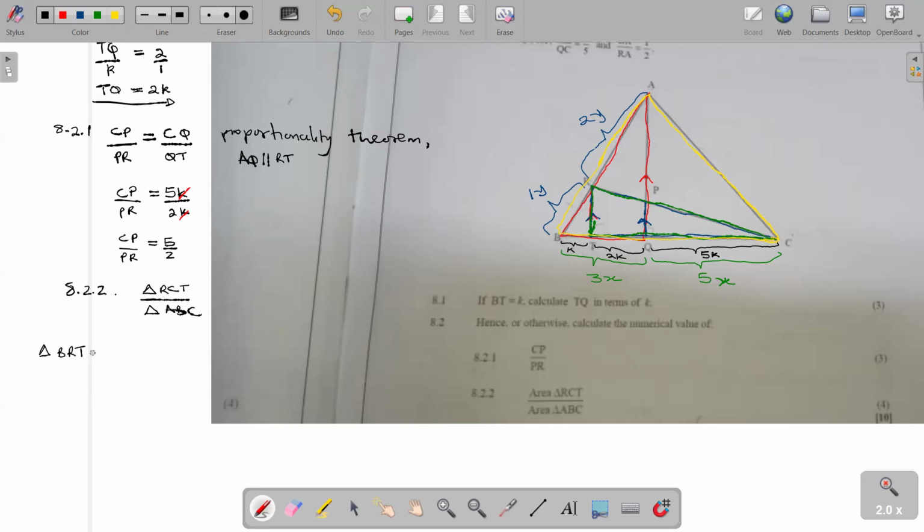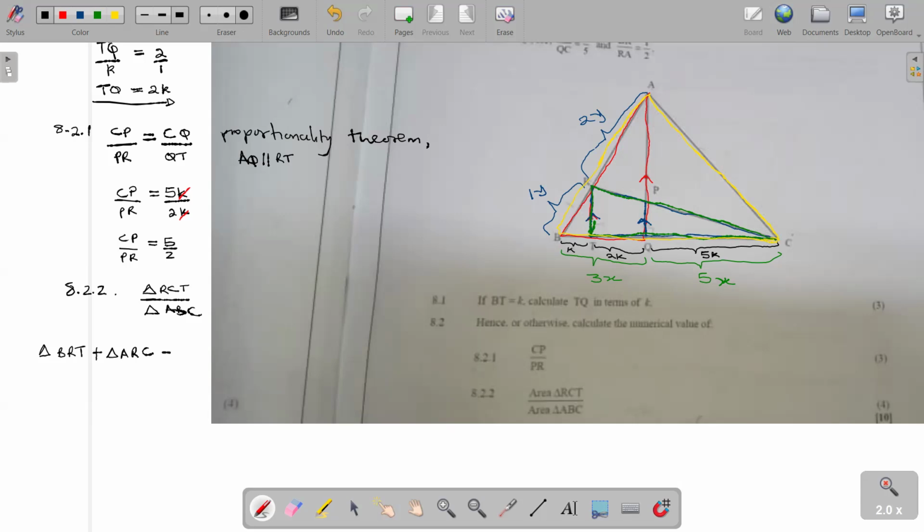Then we can also go and check triangle ARC. If we compare triangle ARC to triangle ABC, they have a common angle there, so it's easier to deal with that.